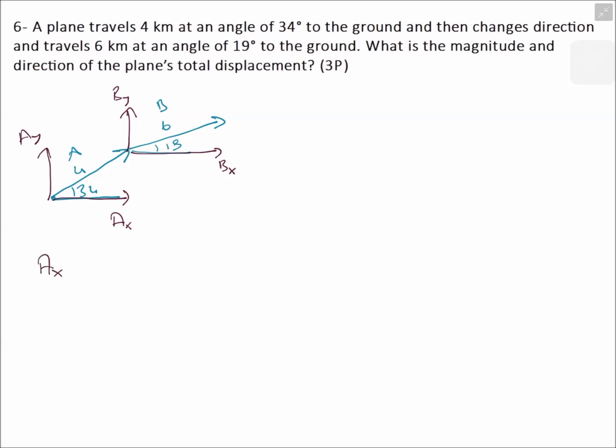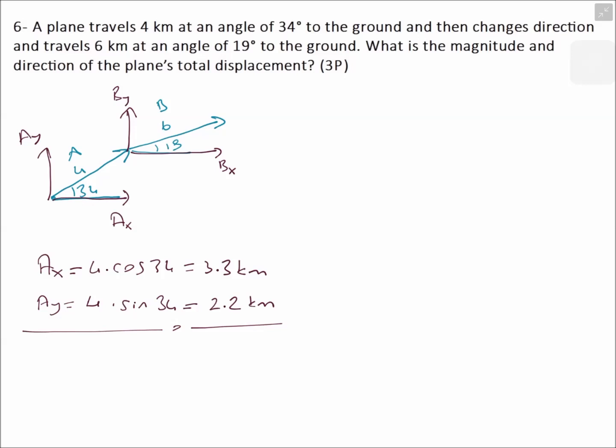So Ax is equal to A times cosine theta, that means 4 times cosine 34. Ay is 4 times sine 34. 4 times cosine 34 is 3.3 kilometers. 4 times sine 34 is 2.2 kilometers. These are the components of A. Bx and By: Bx is here, so it's adjacent.